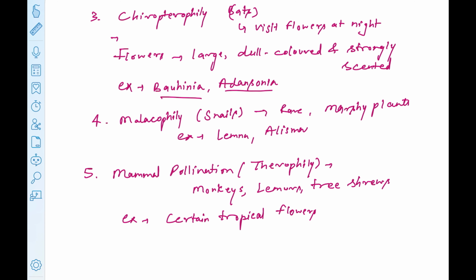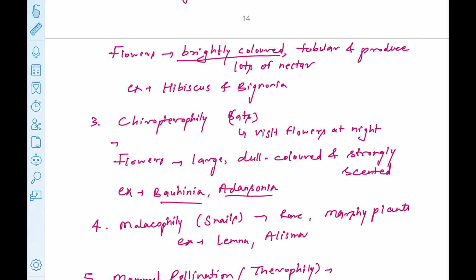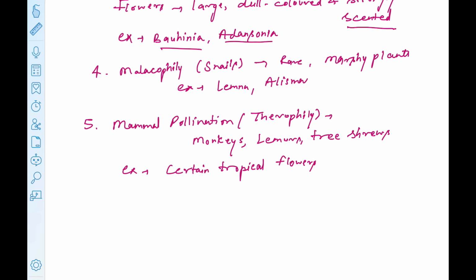Okay, so what are the adaptations of animal pollinated flowers? They are brightly colored, they have pleasant fragrance, they produce lots of nectar. It serves as a reward for animals. They have sticky pollen grains. Why sticky? To attach easily to animal bodies.